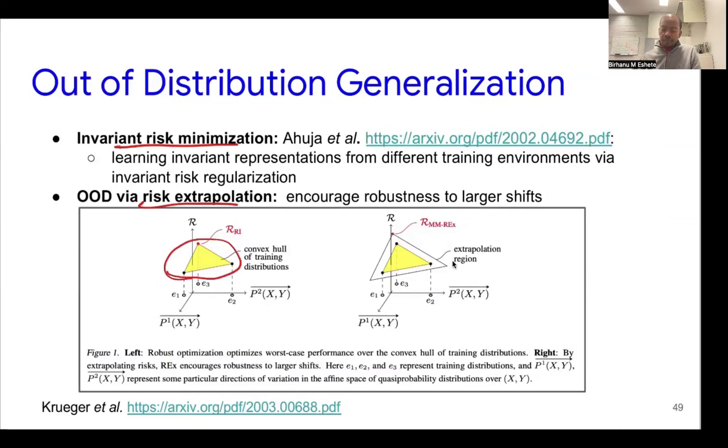So you extrapolate risk and try to test the model with respect to data distribution shifts, so basically, robustness to larger data distribution shifts. These are just some of the highlights of the directions we're taking in out-of-distribution generalization. But as I said, this is also an emerging area.